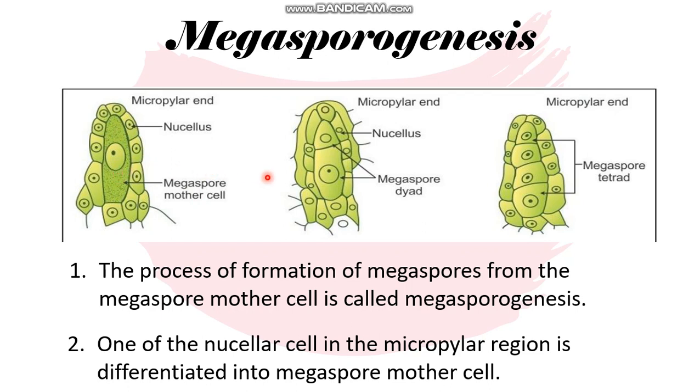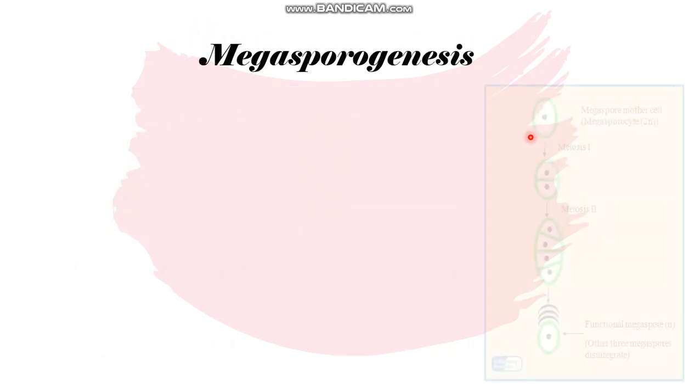It divides by meiosis. After meiosis 1, it results in the formation of a megaspore dyad, that is, 2 megaspores are formed. These 2 megaspores are haploid, which further divide by meiosis 2 and result in the formation of a tetrad of megaspores. So we get 4 haploid megaspores.